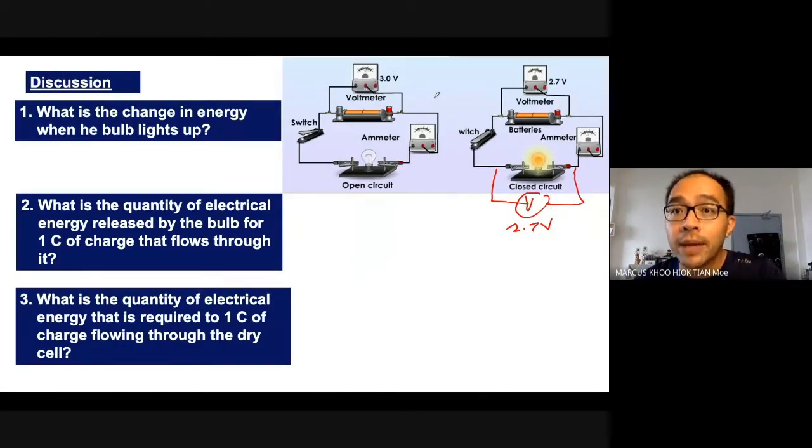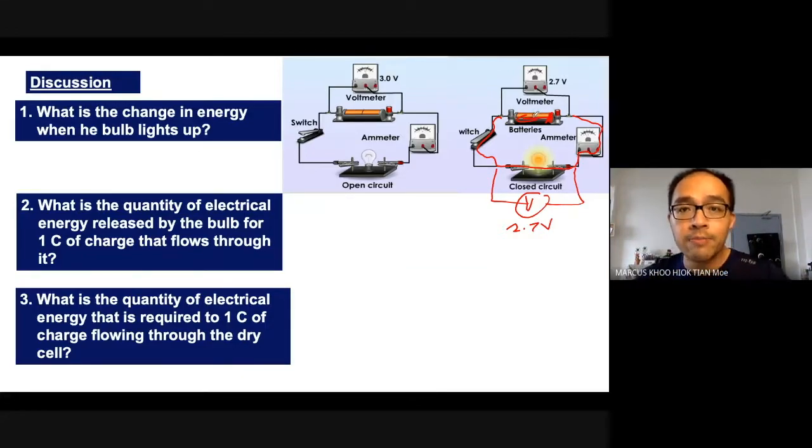Where did it go? In yesterday's video, I told you already, the 0.3 volts is the amount of energy to carry the charge from one end of the battery across to the other side. So the 2.7 volts is the amount of energy to carry the charge across the outside circuit, and the 0.3 is to carry it through the battery.